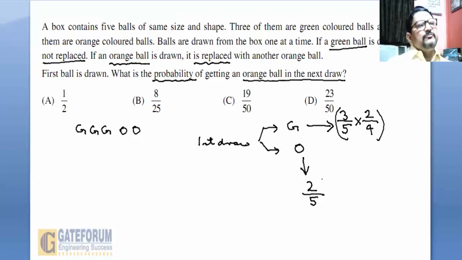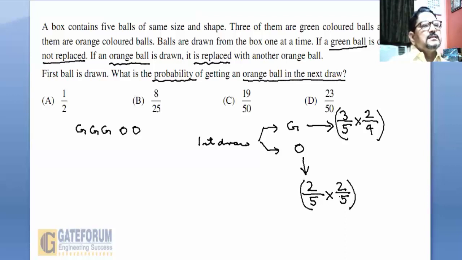Now, since I have picked up an orange ball, I again replace that orange ball in the box. So the total number of balls in the box remain 5. And in the second draw, I will have to again pick up an orange ball. So the probability of doing it is 2 by 5. Simultaneous activities, so I will be multiplying it.